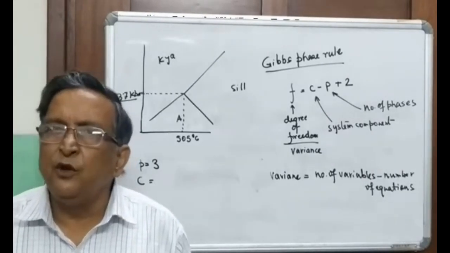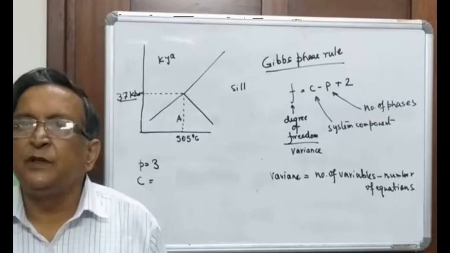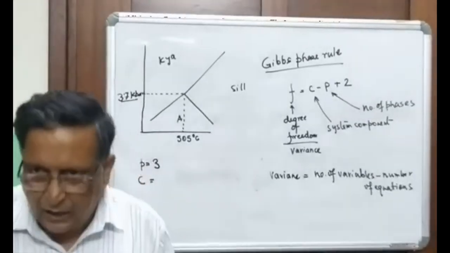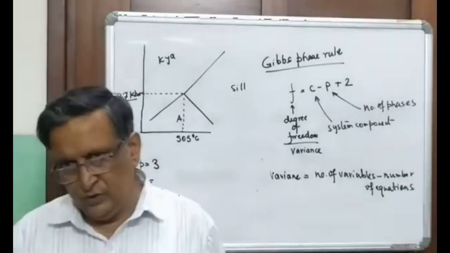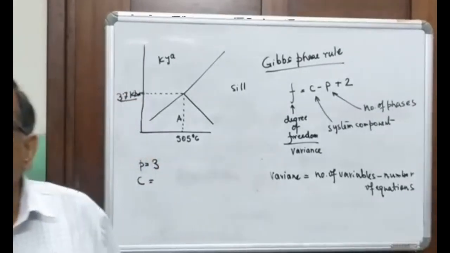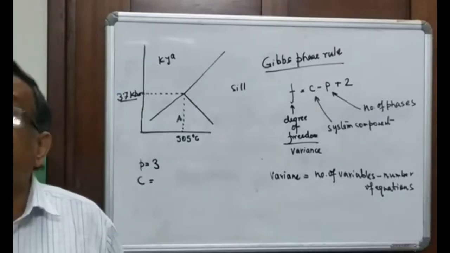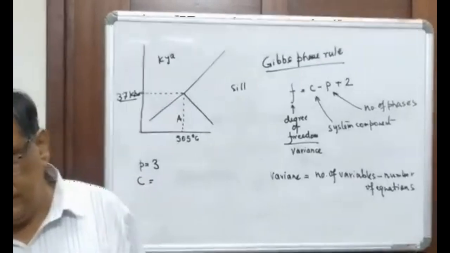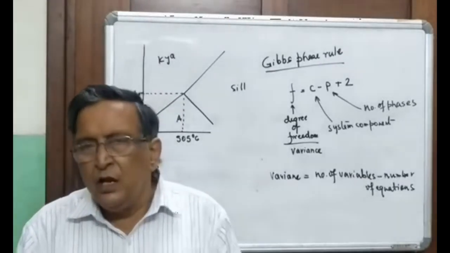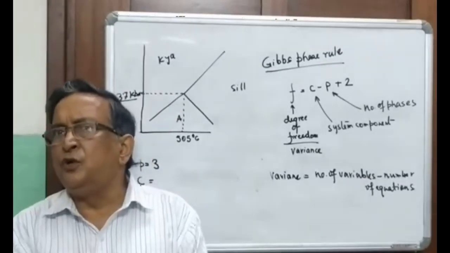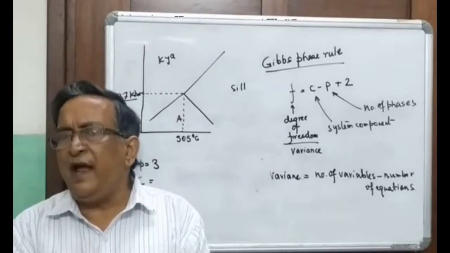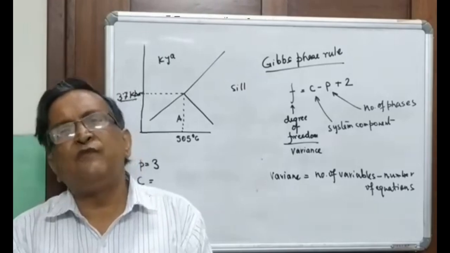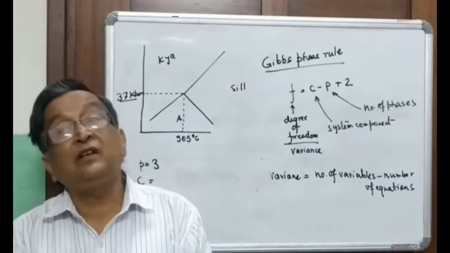If you say Al2SiO5, that's for the pure, remember. If the teacher tells you what is the triple point of the Al2SiO5 phase diagram, he's right. You see, I will tell you again. If your teacher asks you, what is the variance at the triple point of the Al2SiO5 phase diagram, means what?